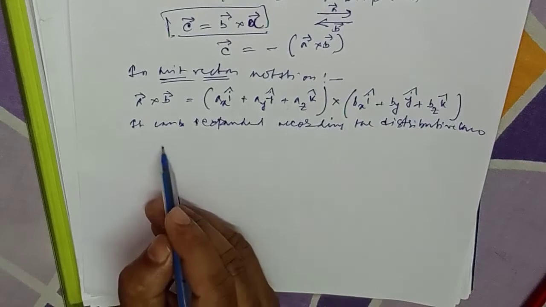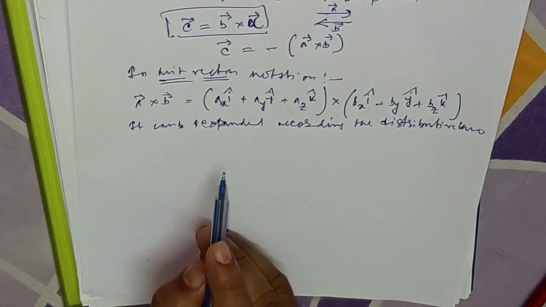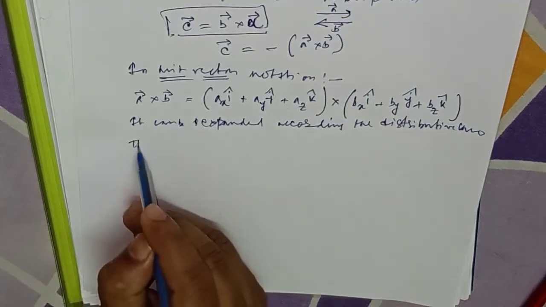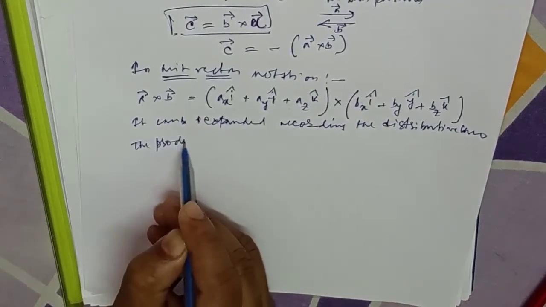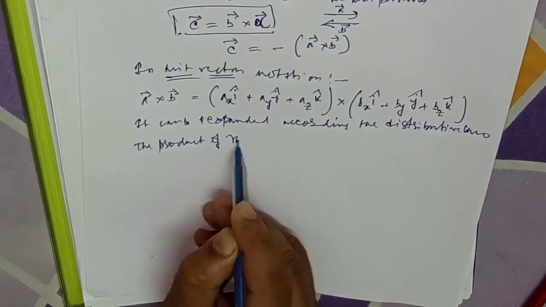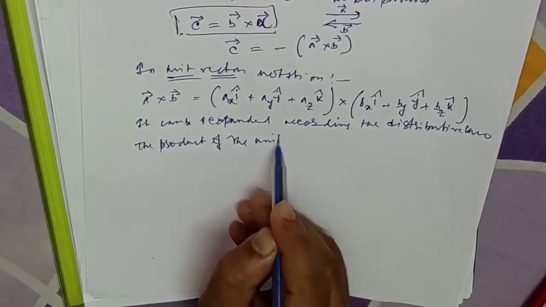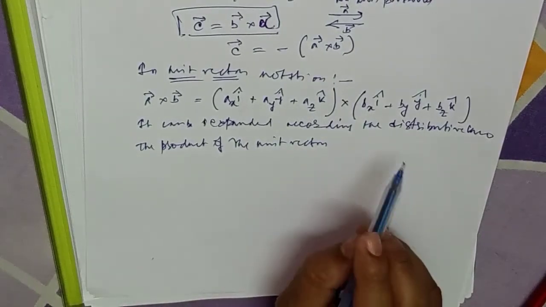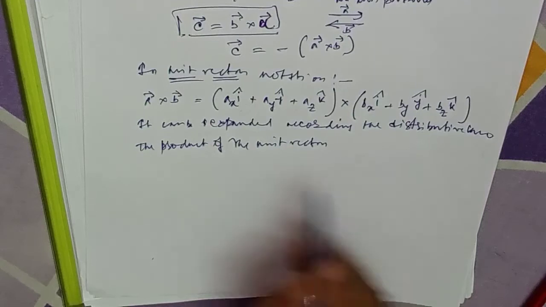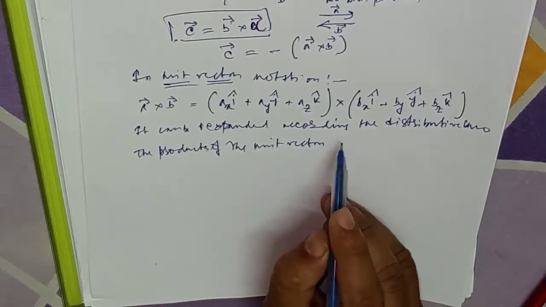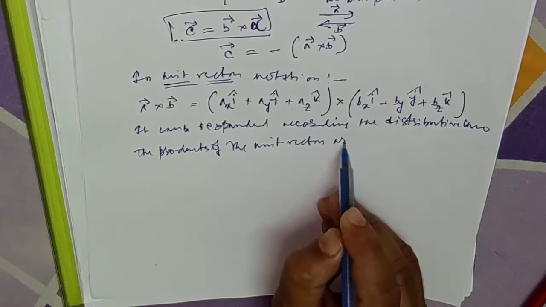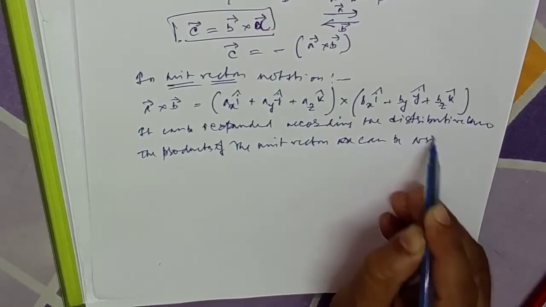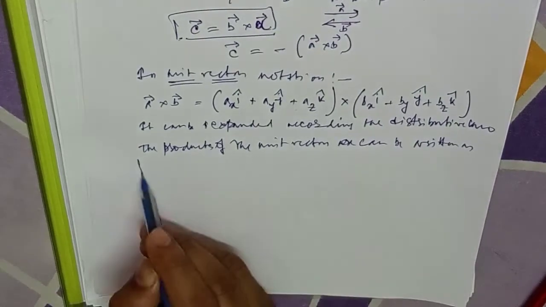So the cross products of the unit vectors can be written as follows.